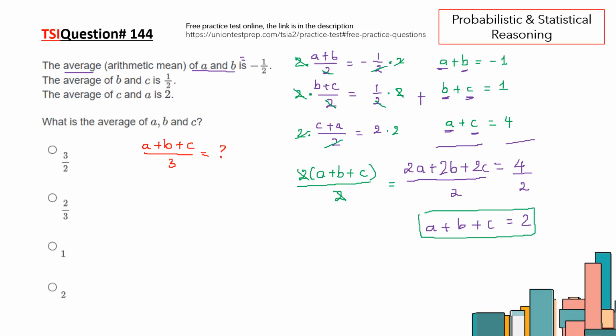This is the part we need, right? So now we plug in. Because A plus B plus C equals 2, the answer will be 2/3. The correct answer is B.